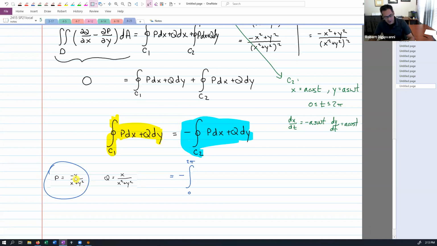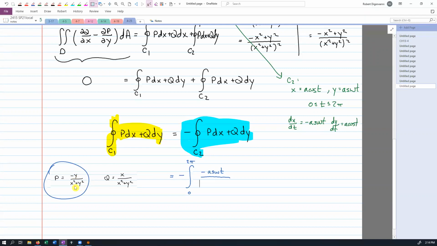So on the top, I have negative y, which is a sine t, over, can someone tell me what the bottom really is? A squared, right? X squared plus y squared, that's this one squared plus this one squared, and that'll give you an a squared on the bottom.